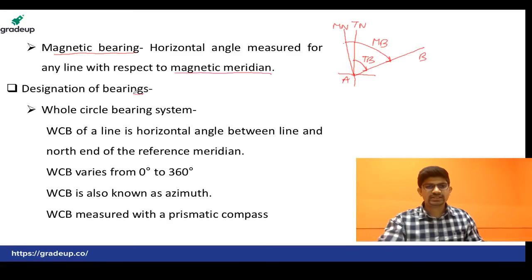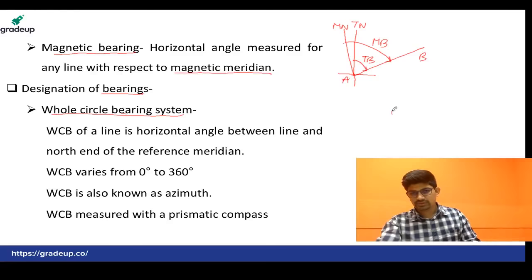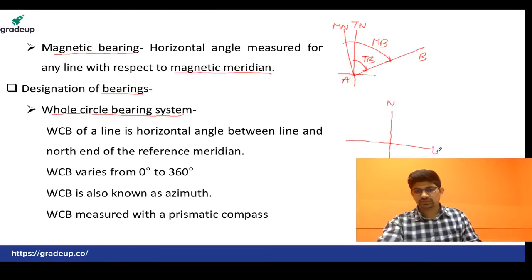Now designation: there are certain systems by which these bearings can be designated. The first among them is the whole circle bearing system. In this, the whole circle bearing of a line is the horizontal angle between the line and the north end of the reference meridian. Suppose this is north, east, west and south.